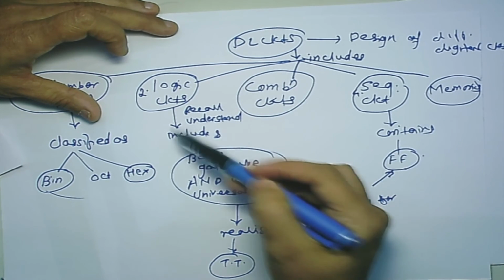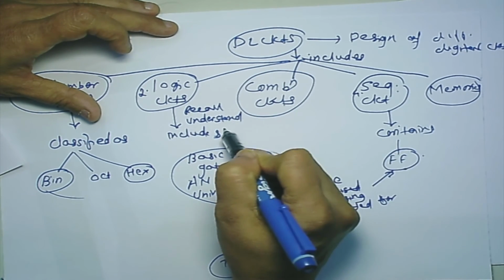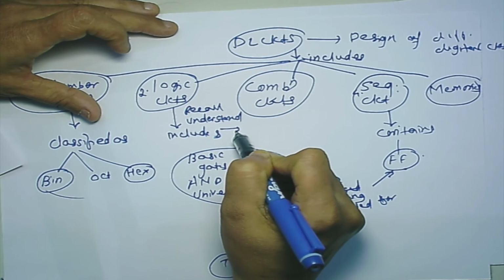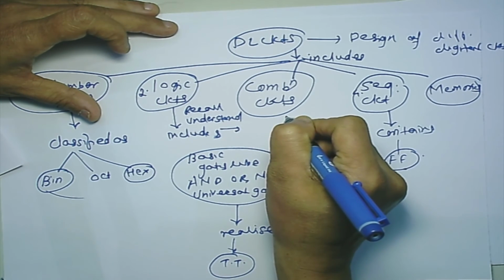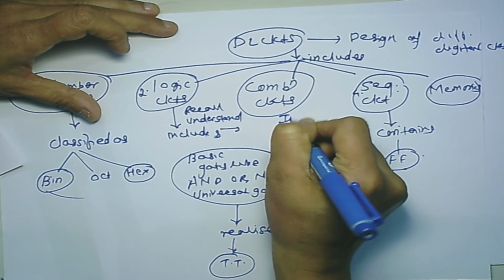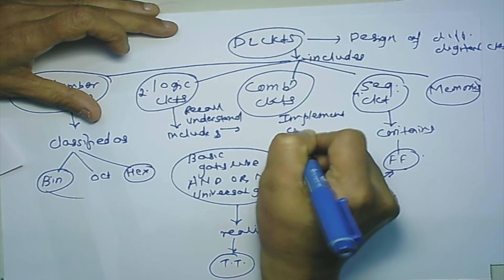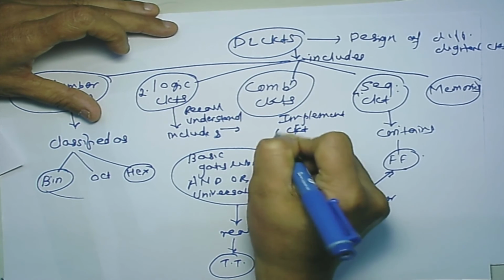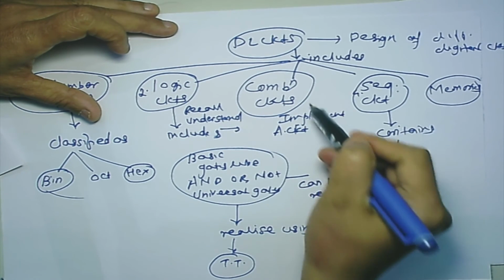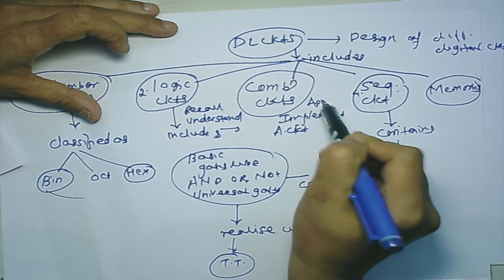Once they know how to do logic diagrams, I may introduce that they are able to implement a circuit or arithmetic circuit. This is a little bit at a higher level, the apply level.